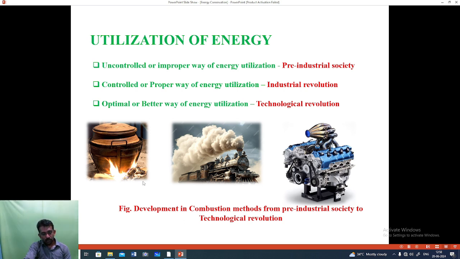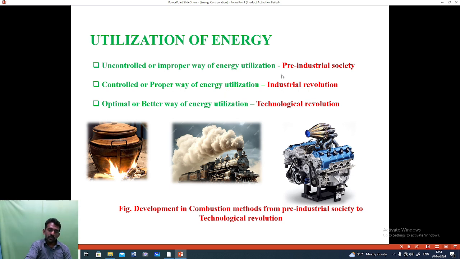This is one good example of the development of combustion methods from the pre-industrial society to the technological revolution. In the pre-industrial society, the external combustion methodology was used, which is a very poor energy consumption technique. After this, in the industrial revolution, steam engines were introduced, which is still somewhat external combustion, and afterwards diesel engines came, and they developed the internal combustion technology.